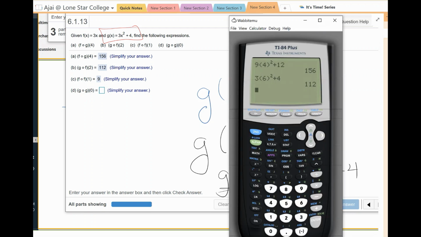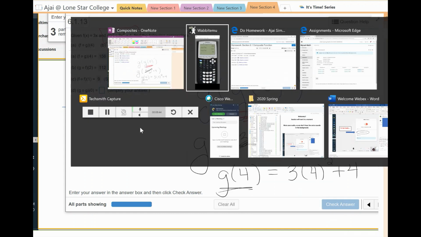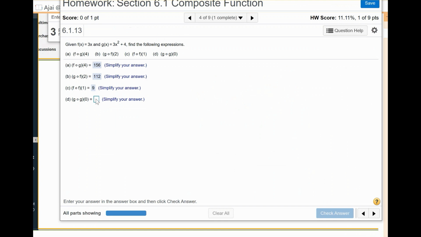Oh no, it was 3 times 4 squared plus 4. So 52. So the answer to this is 52. Does that make sense?